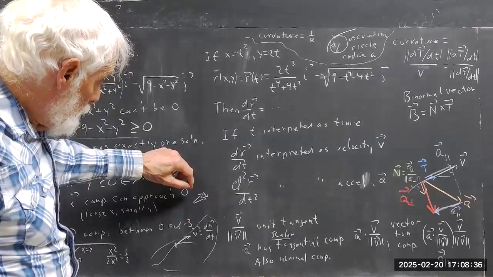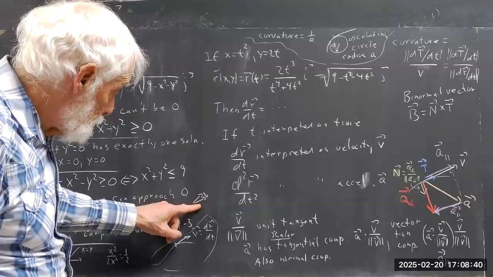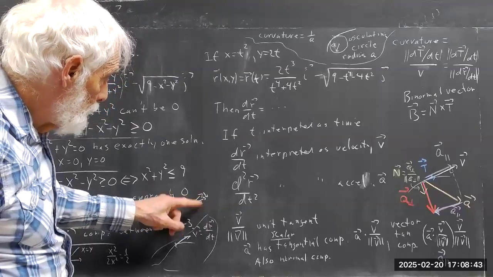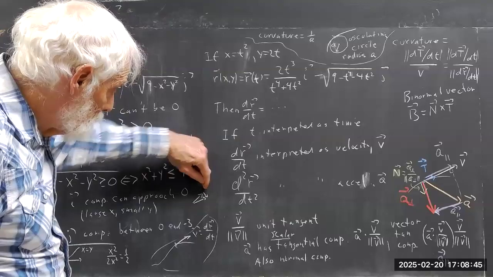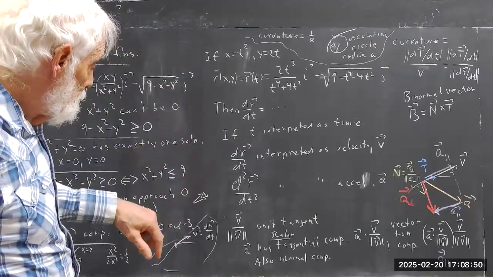And that's because this plus this equals this. Therefore, this minus this equals this, and this minus this is the change in the vector.